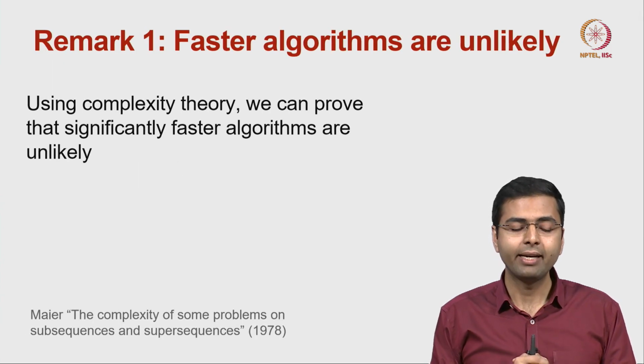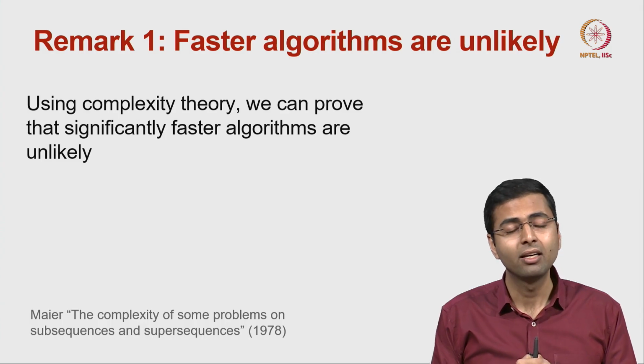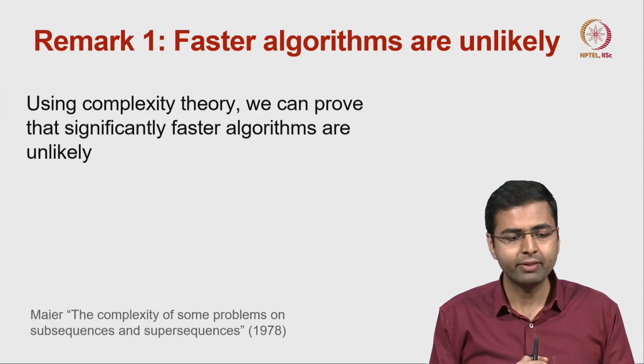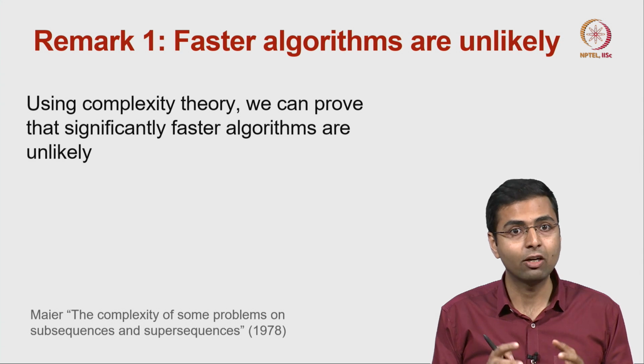But unfortunately it turns out that using complexity theory we can prove that significantly faster algorithms are unlikely. This problem belongs to a class of hard problems, and because of that it is unlikely that faster algorithms will exist.